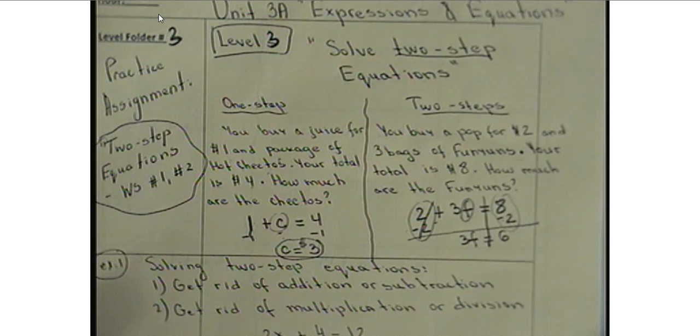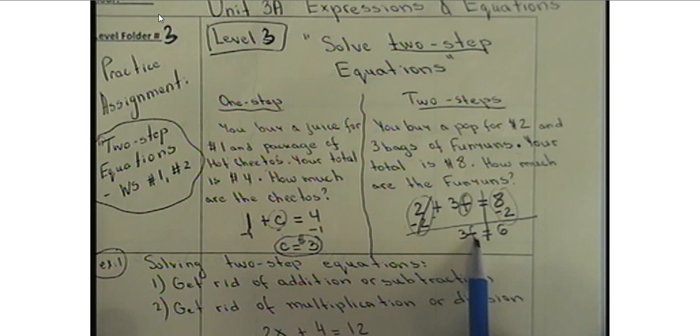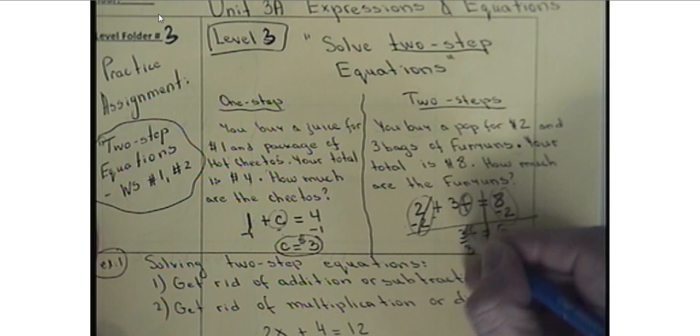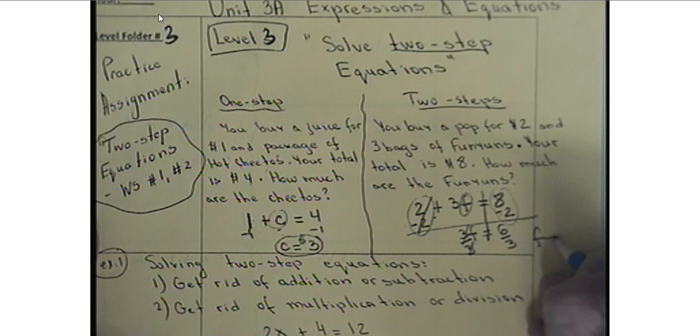Okay, but look at this, my variable is not by itself, so I need to do a second step in order to get f. And my second step will be mission 2. We have 3 times f, so the opposite of this will be to divide by 3 on each side. So the Funyuns equals 2.